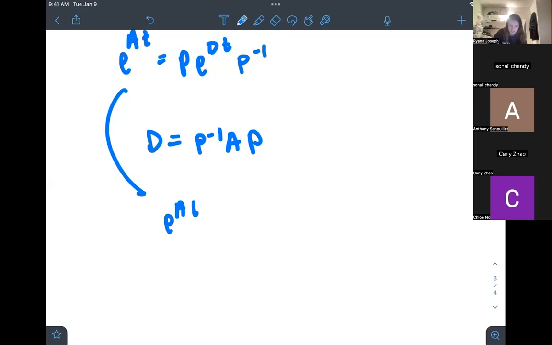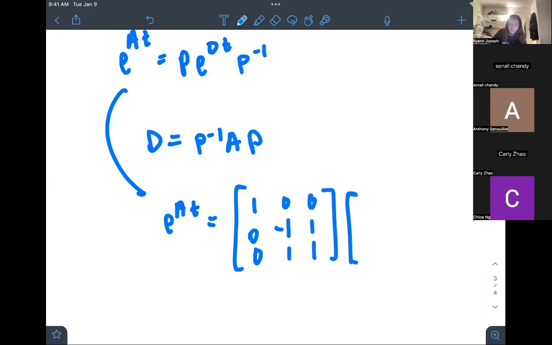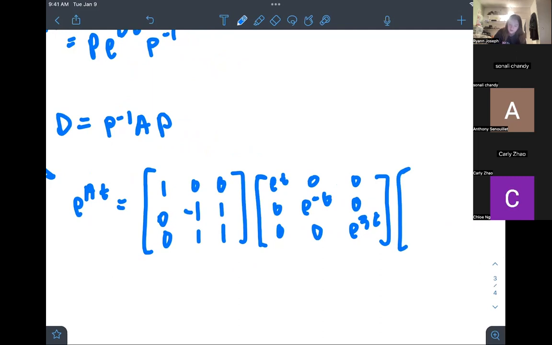So e to the At is our solution, and it's equal to our P, negative 1, 1, 0, 1, 1, our e to the Dt, e to the t, e to the negative t, e to the 3t, and then our P inverse.